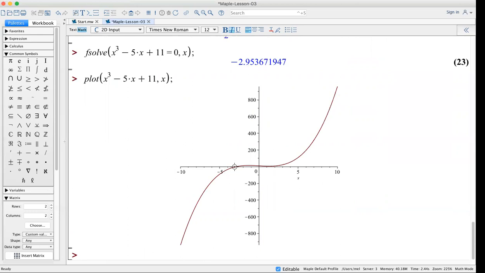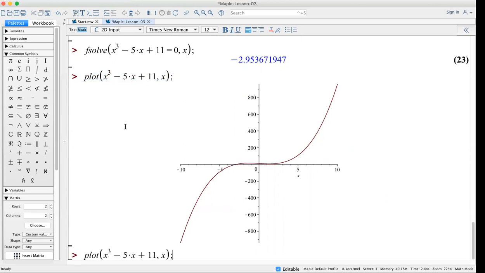Here it looks like it just misses. If I want to make sure that it doesn't cross the x-axis anywhere else, I can just graph it, say, from -5 to 5. If you don't give a range of values for x in a plot, the default is -10 to 10. If I give a range, say x equals -5 to 5.